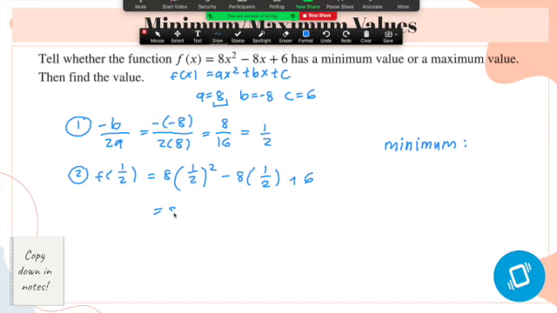So we get here 8 times 1 over 4, minus 8 times 1 over 2, plus 6. I can change these into fractions so that we are multiplying the fractions out. We get 8 over 4 minus 8 over 2 plus 6.